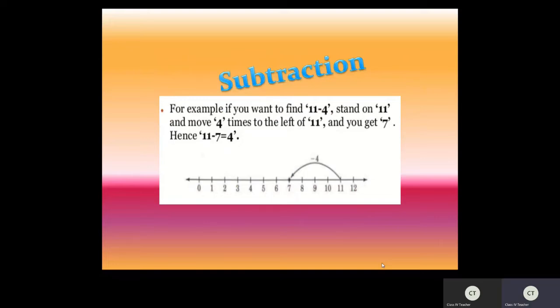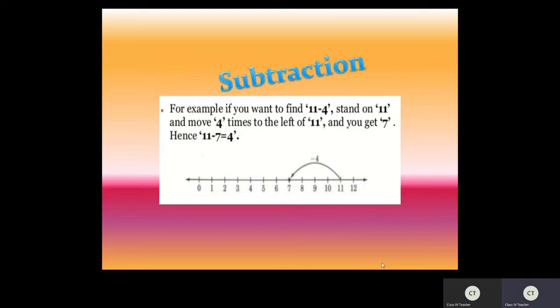11 to 10 one step, 10 to 9 second step, 9 to 8 third step, 8 to 7 fourth step. Yes, over. We have completed our answer. So where did we reach now? After crossing 4 steps backward towards our left, where did we reach? 7.